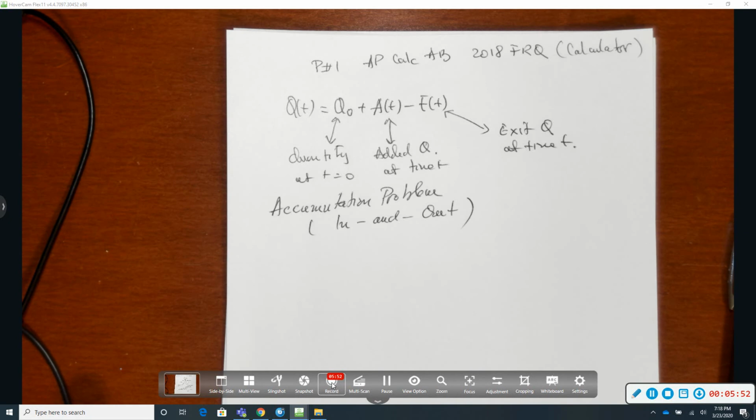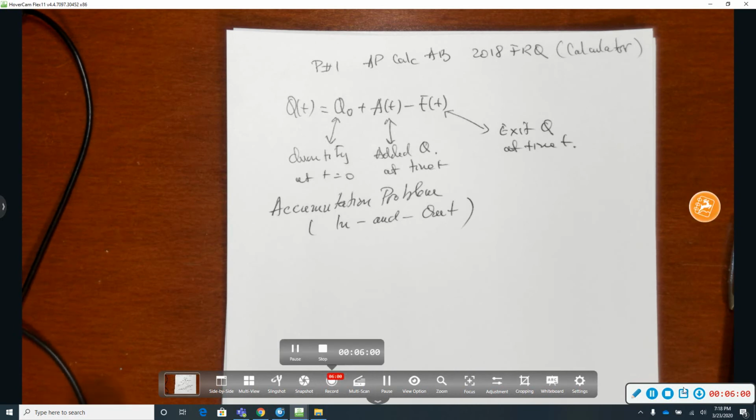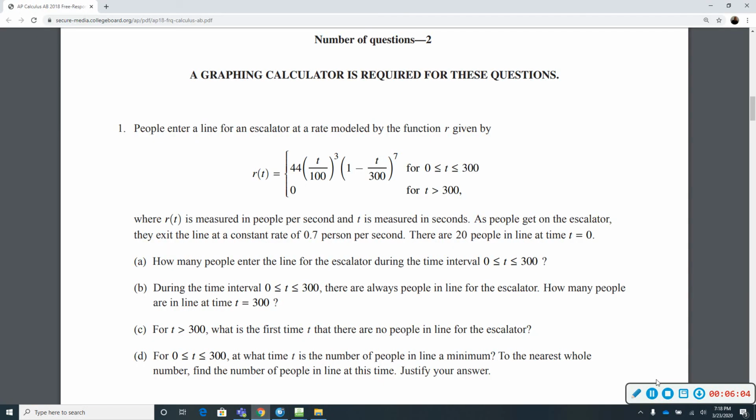So what is in that problem for me to solve?